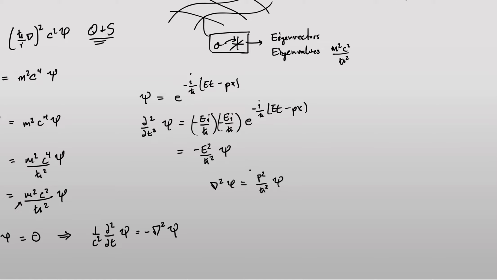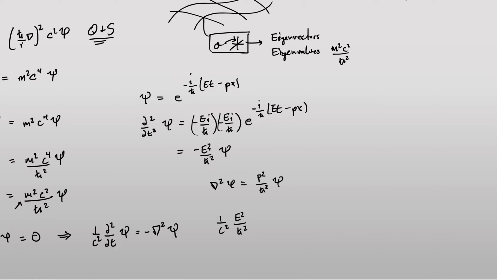Then if we plug our solution back in, we have 1 over c squared times E squared over h bar squared.